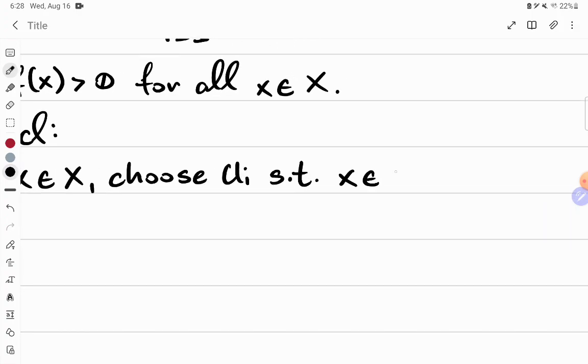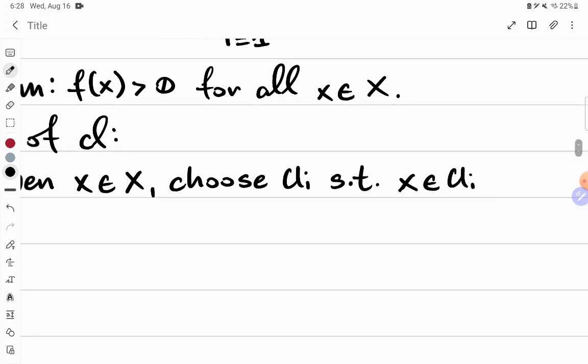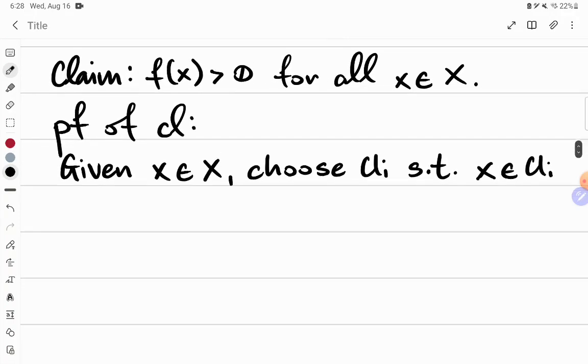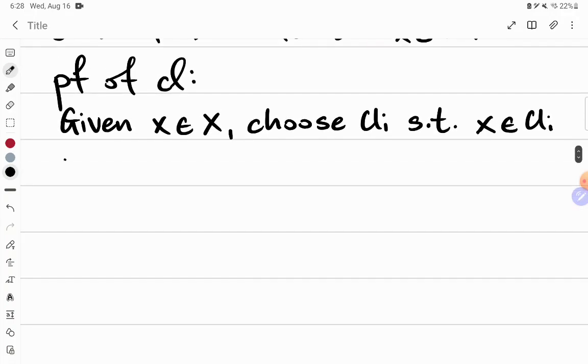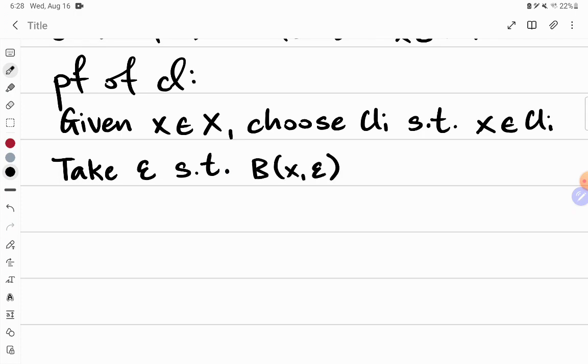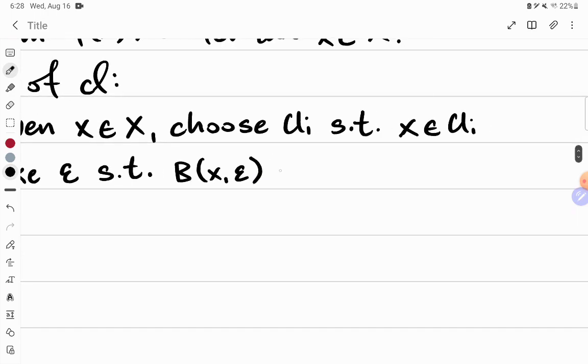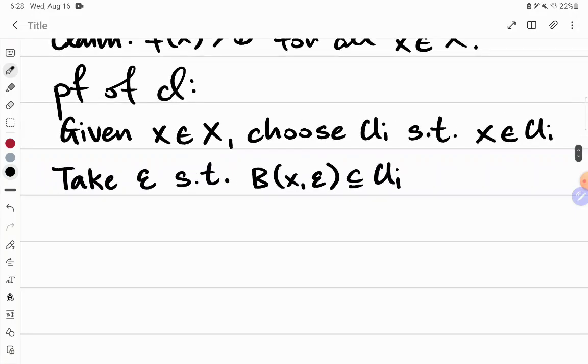This is something that exists because these Ui, taken collectively, are going to contain all points of X. And we're going to take some epsilon such that the open ball with radius epsilon centered at x is contained in this Ui. So this is again possible because these Ui are open. So we can take some small epsilon ball about this point that is still contained in this open set.